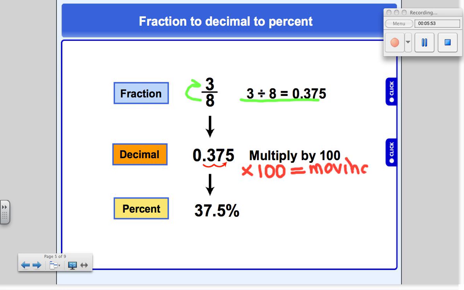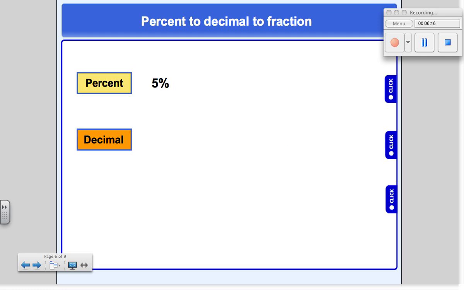So multiplying by 100 is the same as moving the decimal to the right. Okay, 2 spots to the right, because multiplying by 100, 2 zeros, so 2 to the right. So we take 1, 2, and our percent would be 37.5%.